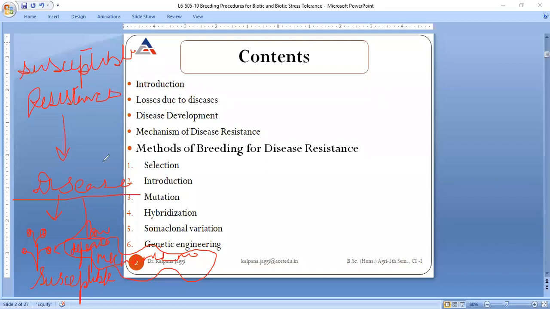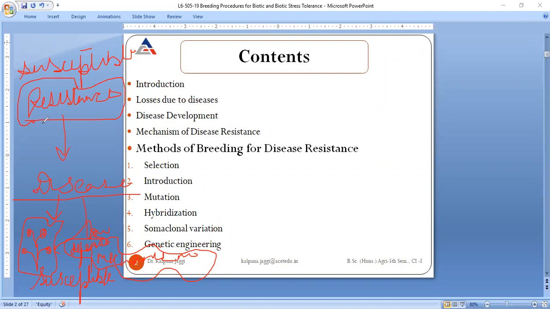So we need to improve the genetic content of these plants, keeping in view that they have a strong defense mechanism so that they are no more attacked by the diseases, and as a result they could give you the prior objective of breeding, that is the higher yield. The category of plants which are no more affected by the diseases are called resistant varieties.